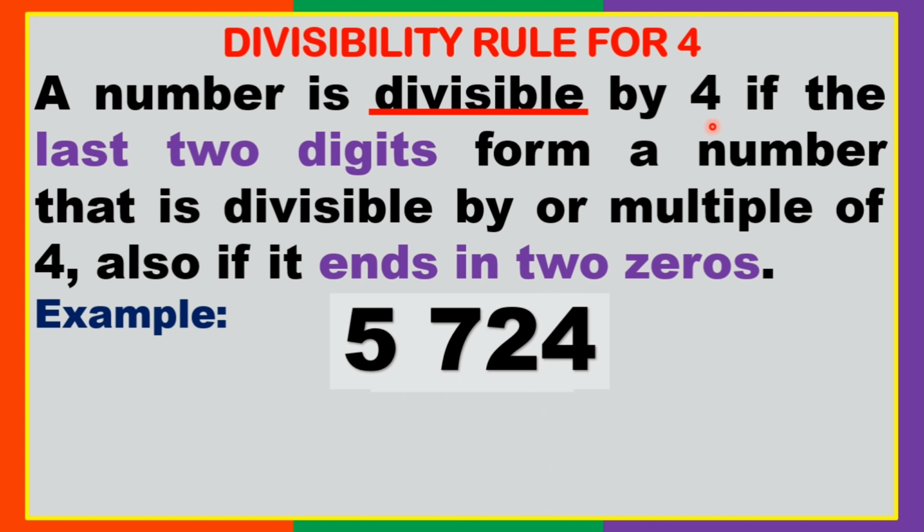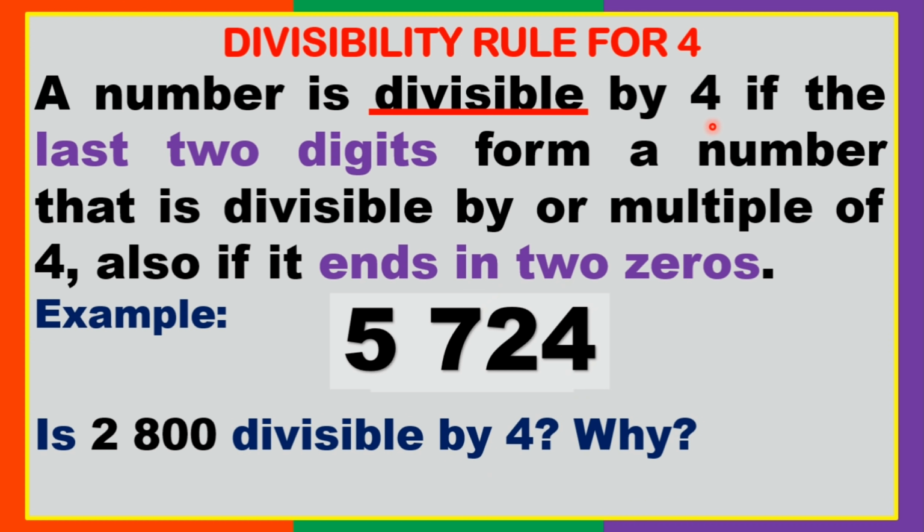Next example, 5,724. What are the last two digits? We have 24. Do you think 24 is divisible by 4? Yes. Then the whole number 5,724 is divisible by 4.